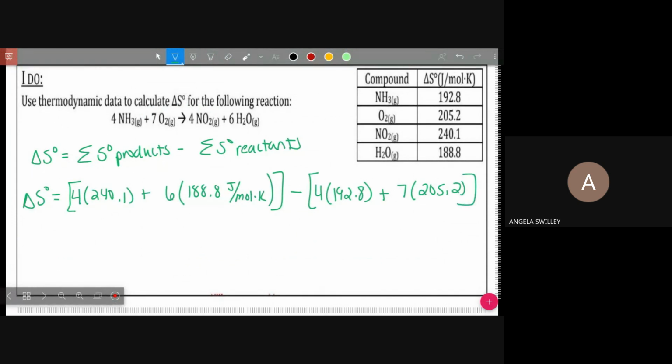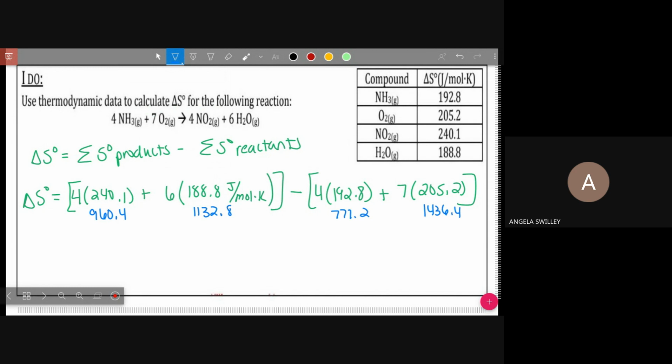If you multiply these out, you get 960.4, 1132.8, 771.2, and 1436.4. Now you can put it all in your calculator. Sometimes it can get confusing with all the different parentheses, but you're more than welcome to do that.